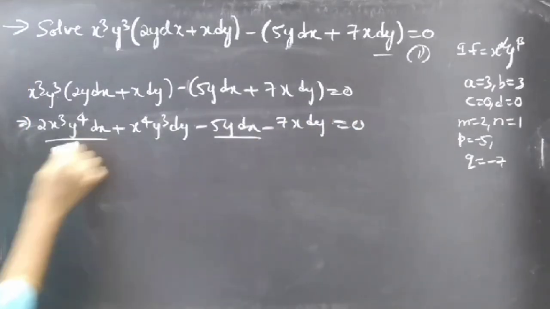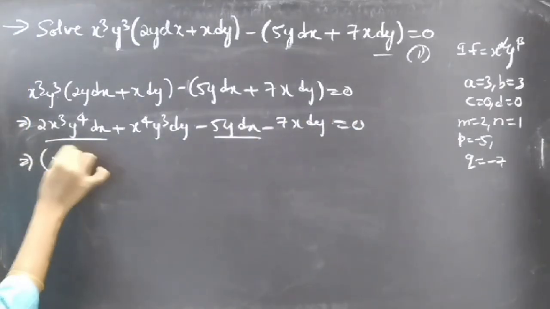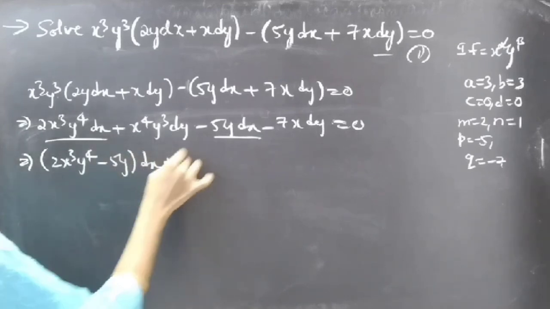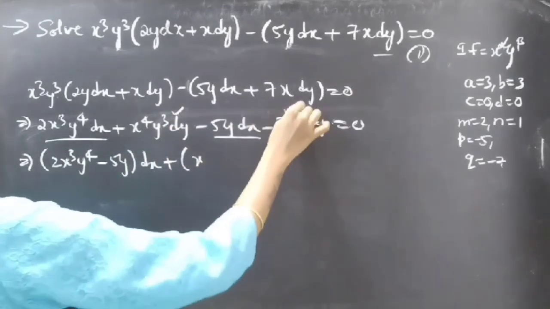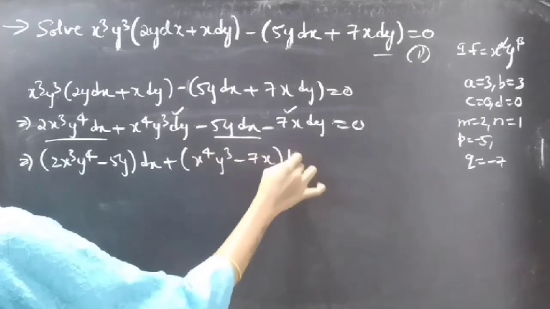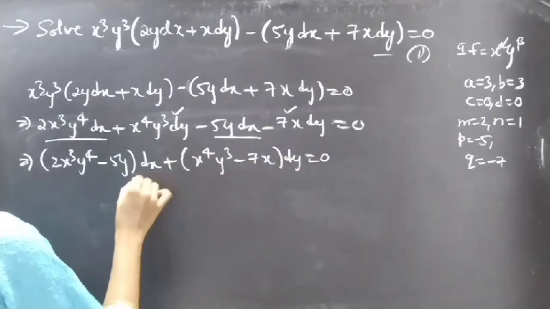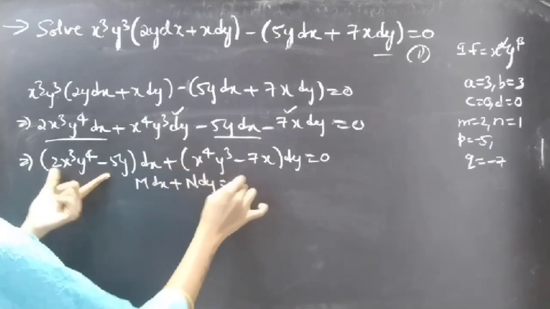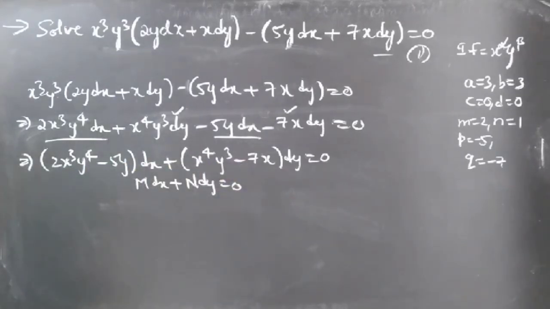Now take dx common from these two terms, we'll get (2x^3 y^4 - 5y) dx, plus take dy common from these two terms, we'll get (x^4 y^3 - 7x) dy equal to 0, which is of M dx + N dy = 0 form, for M equal to this one and N equal to the terms under brackets, right?